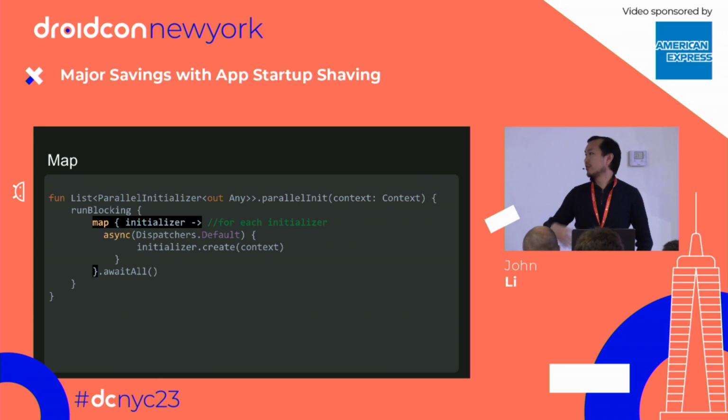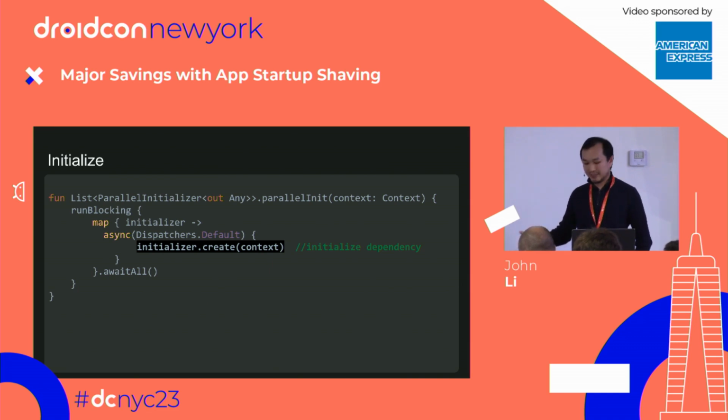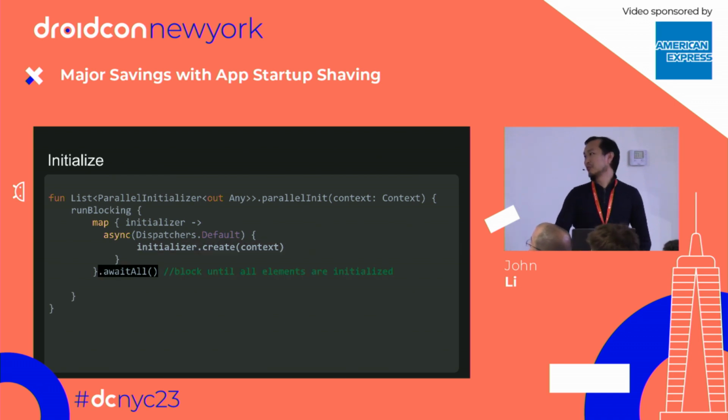Map is our for each, so for each initializer, schedule some work on this thread pool. Inside this asynchronous thread, initialize whatever you're initializing. And the key to do all of this, await all. Block until all of these initializers are done from their work on separate threads.